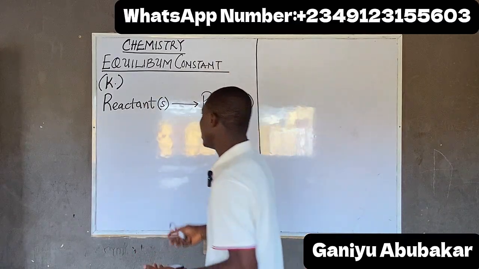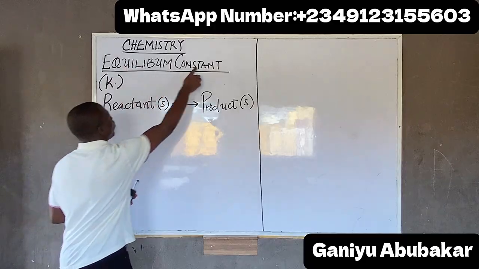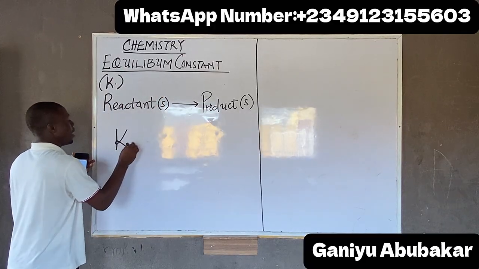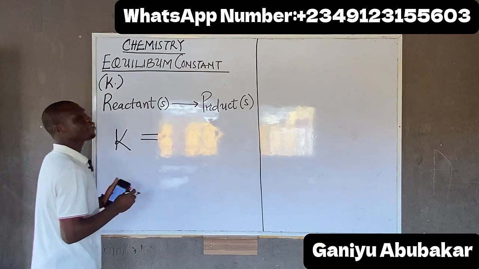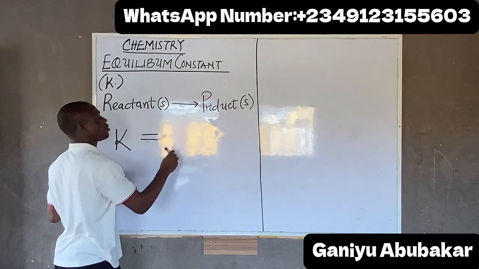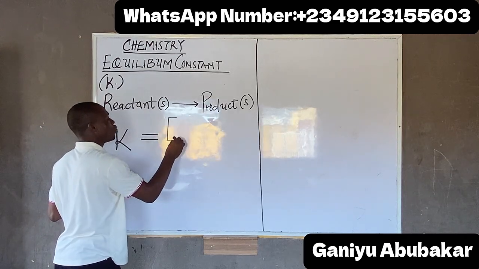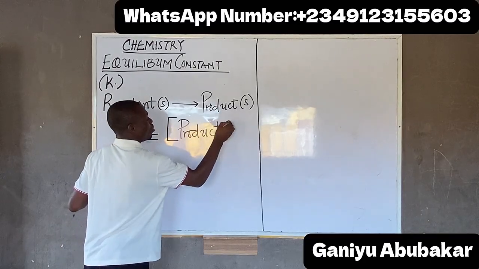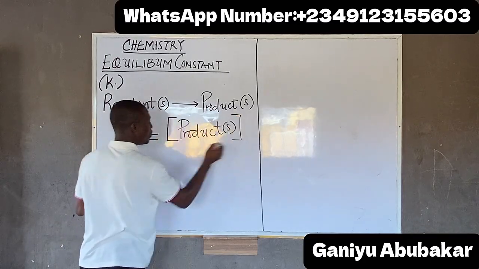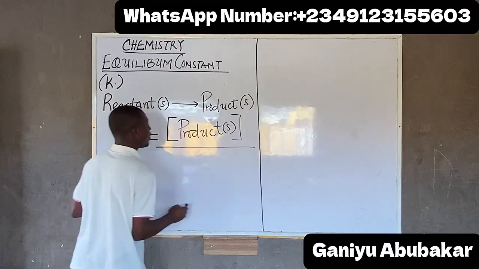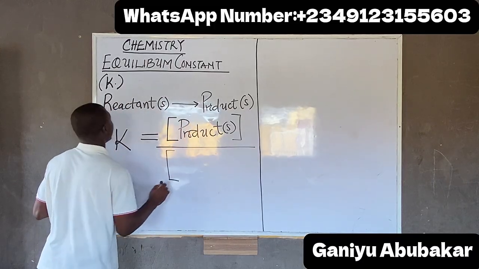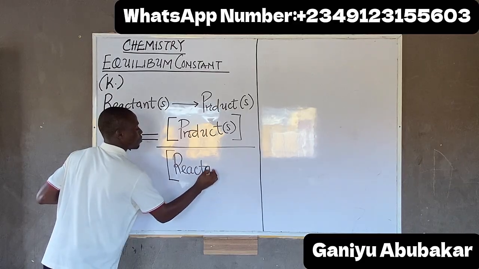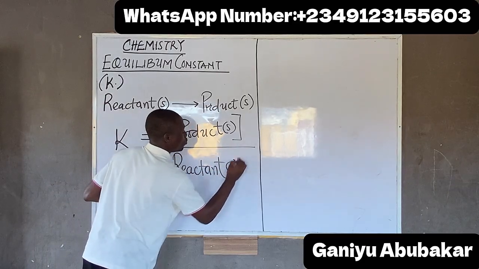It's simple. We said equilibrium constant is K, and it's equal to the ratio of product. So I have the concentration of product or several products, all over the concentration of reactants, or reactants 1, 2.